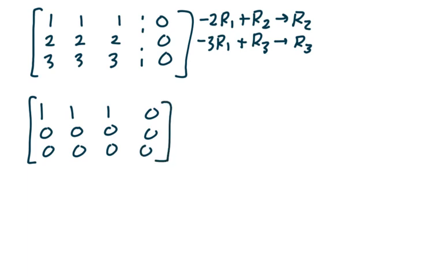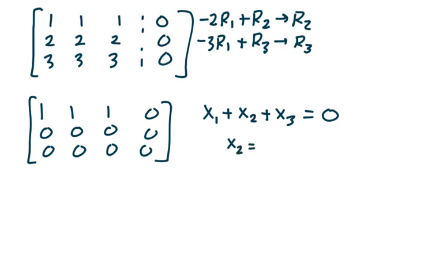Okay, so what does that mean? x1 plus x2 plus x3 equals 0, and basically we have two free variables.